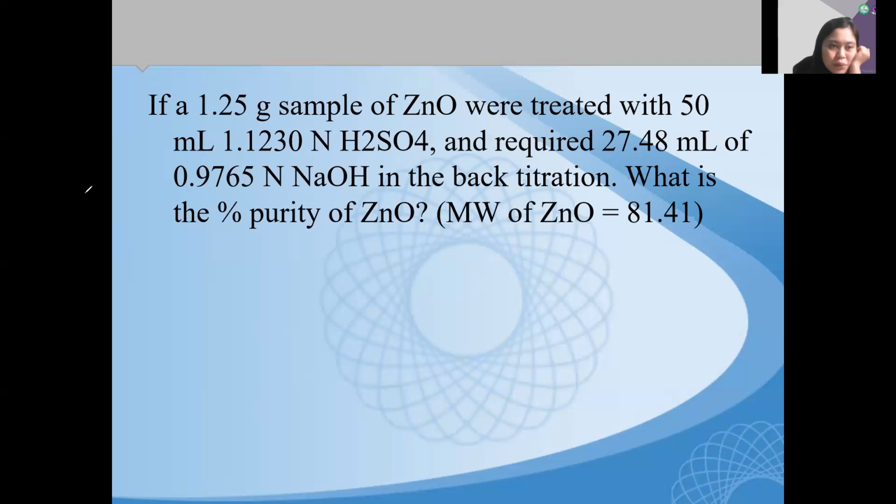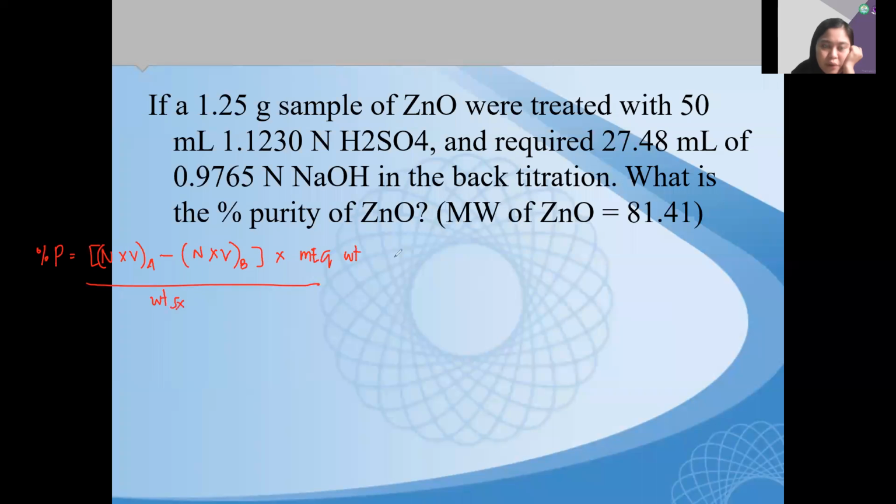Okay, so we have again, what was our formula? Percent purity is equal to the normality times the volume of the first titrant minus the normality times the volume of the second titrant times the milli-equivalent weight. Again, this is for the sample divided by the weight of the sample times 100. So our first titrant here is this one.